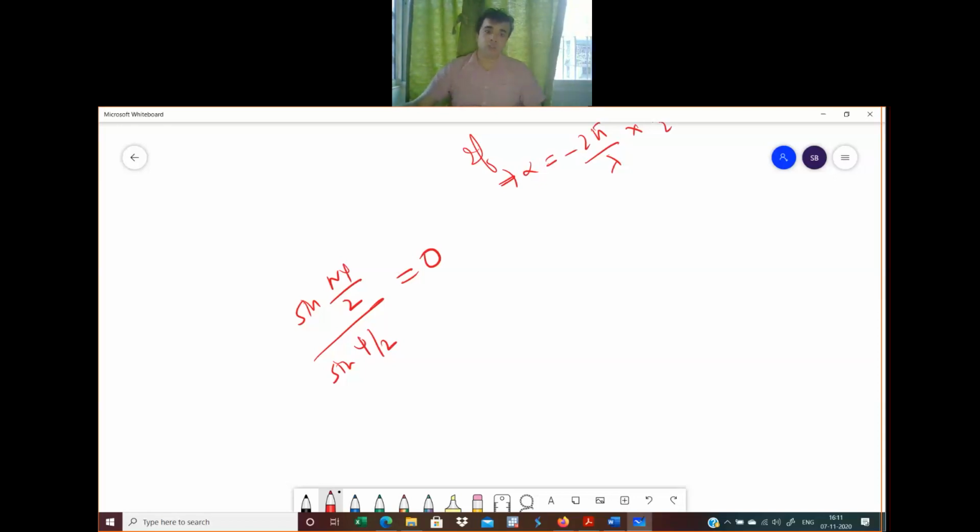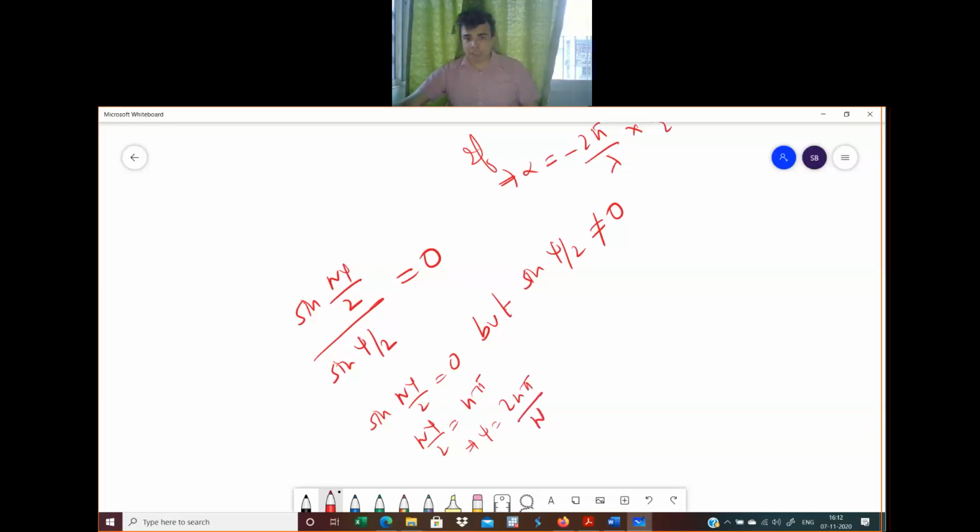This is zero when sin n psi by 2 is zero, but sin psi by 2 is not zero. Then only this will be zero. Sin n psi by 2 is zero when n psi by 2 is equal to m pi, or psi is equal to 2m pi by n.